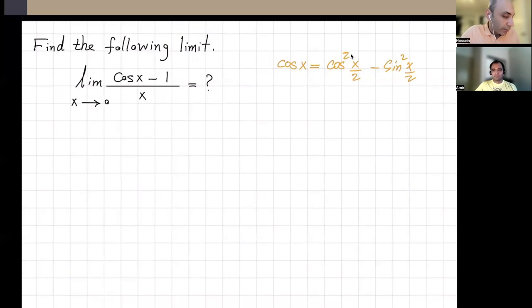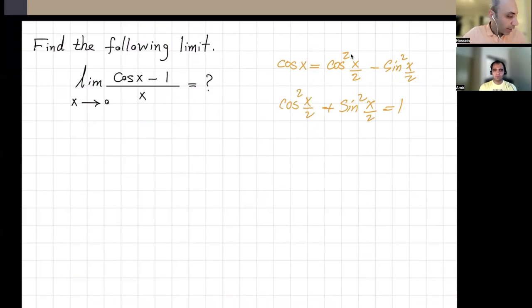And then another identity that I'm going to use is cosine squared of x/2 plus sine squared of x/2 equals 1. Yes, that's a famous one. So I wrote everything as half arc to match.